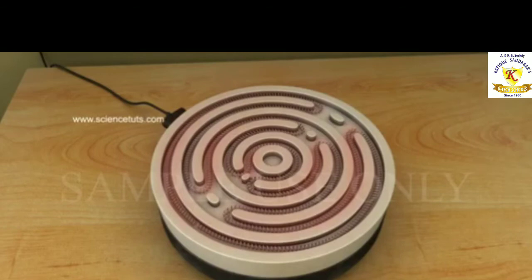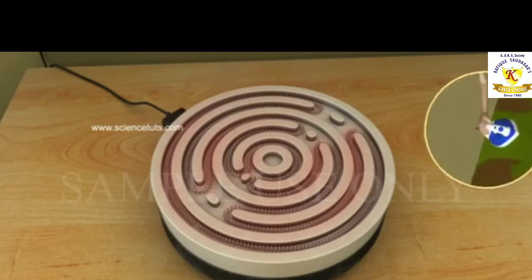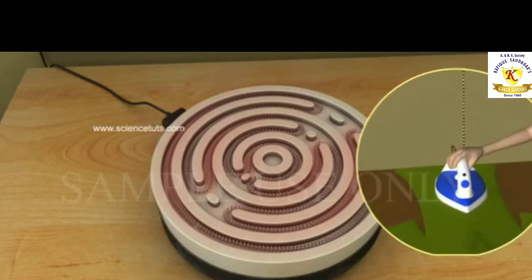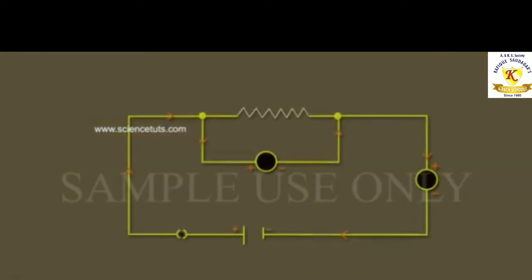On the other hand, if the electric circuit is purely resistive, the source energy is converted into heat. This is known as the heating effect of electric current. This effect is utilized in devices such as electric heater, electric iron, etc.